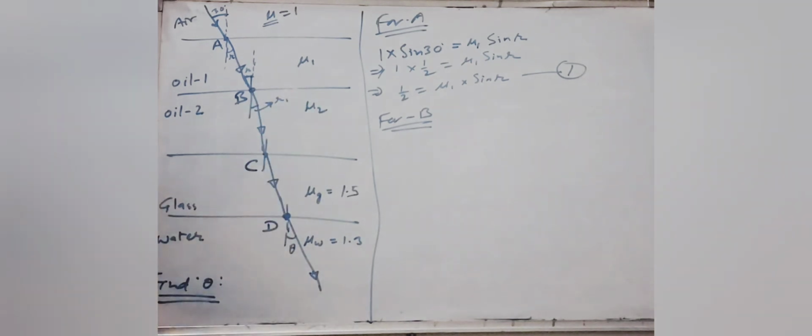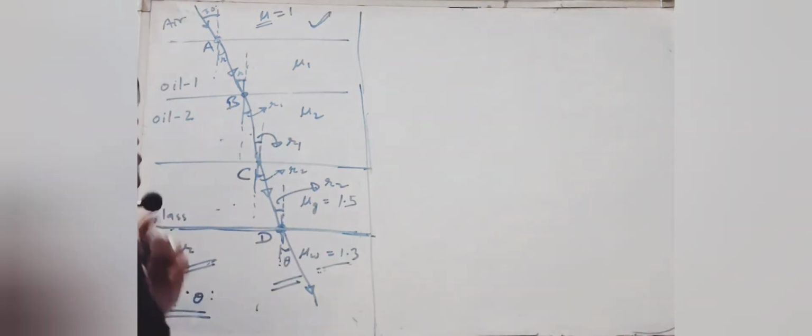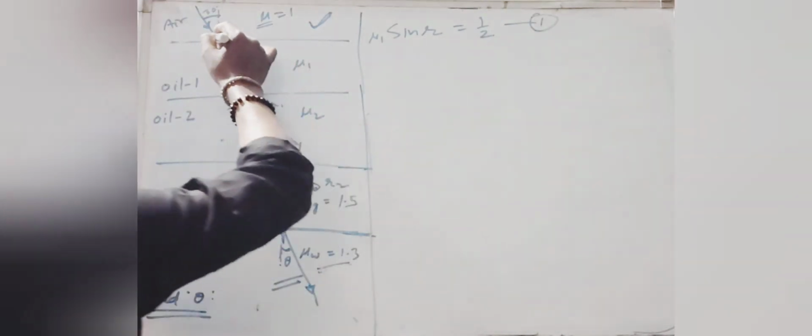For point A discussion, it was sine r into mu1 equals 1/2.